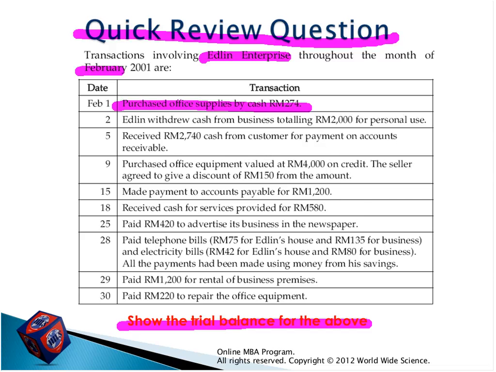So on the debit side, you show office supplies, the office equipment, has been increased. And on the credit side, you show that the expense has been increased, right?